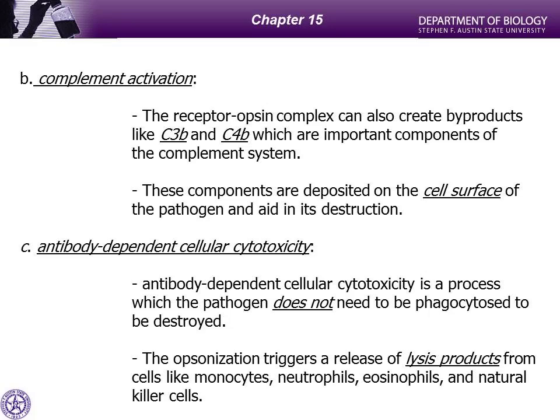So again, like throwing hand grenades, especially our killer T cells, our cytotoxic T cells. We're going to talk about those after we finish all of our antibody type work.